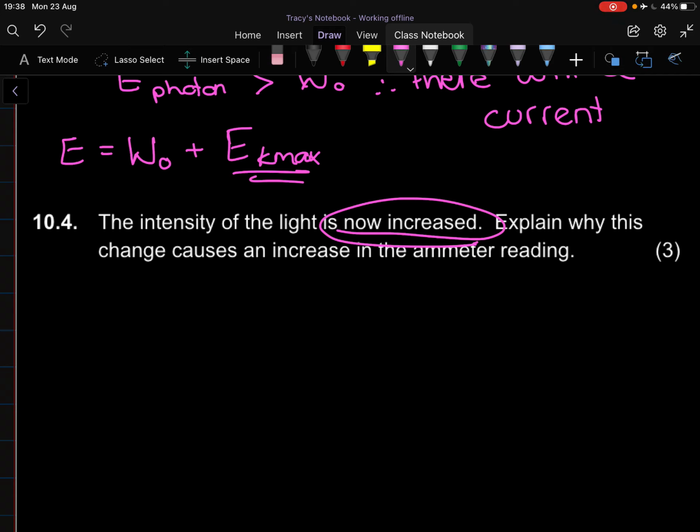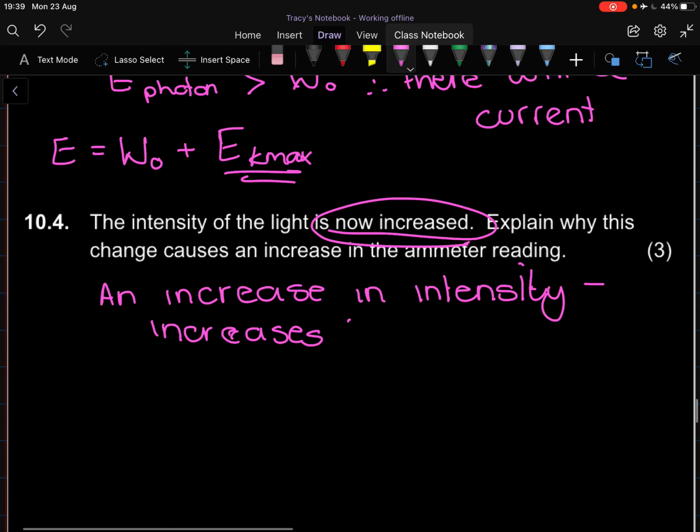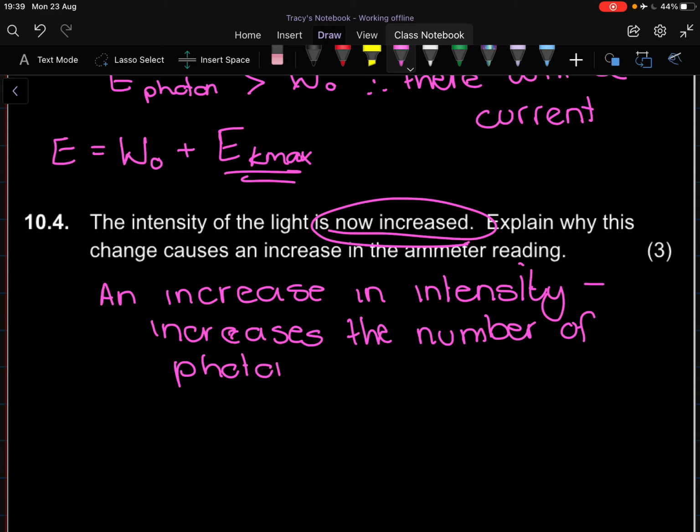Okay, so an increase in intensity increases the number of photons per second.